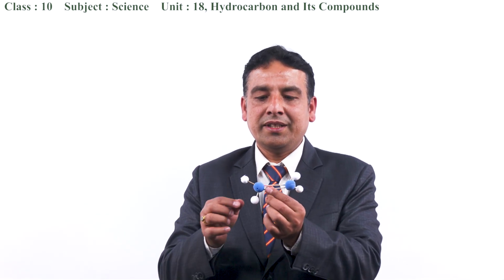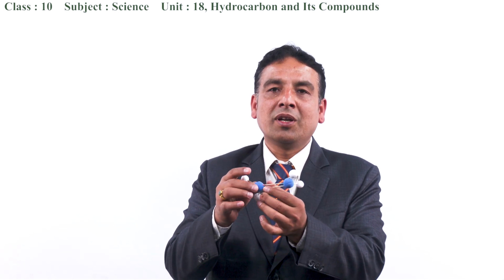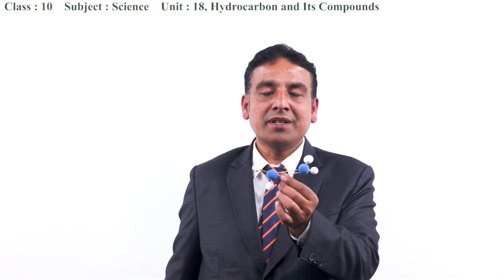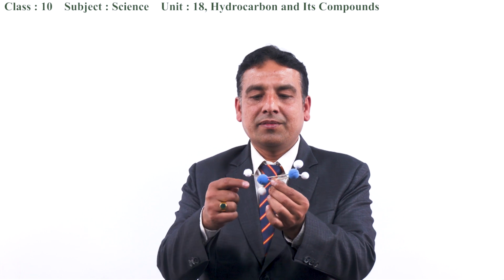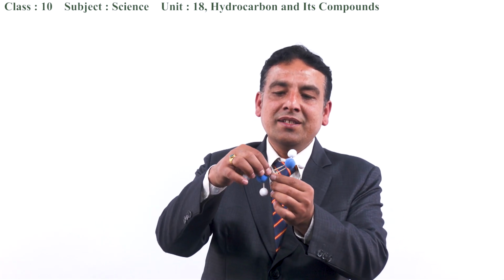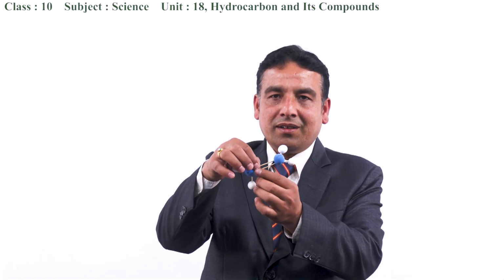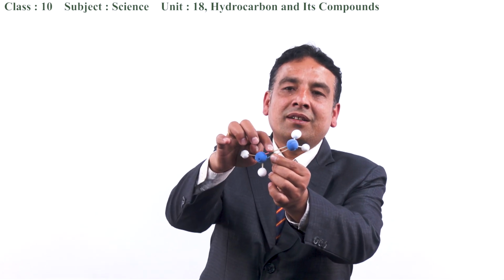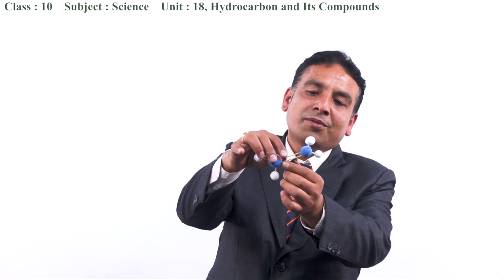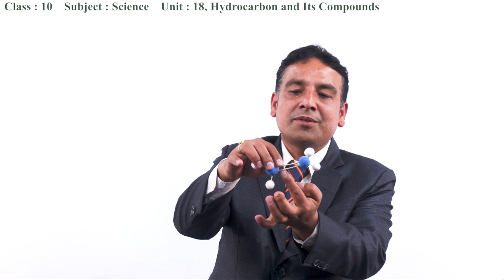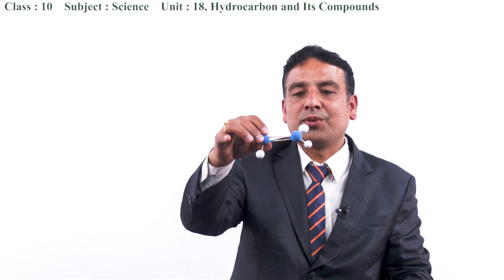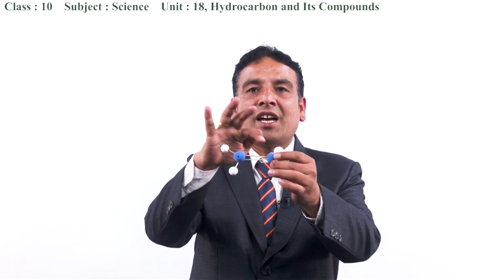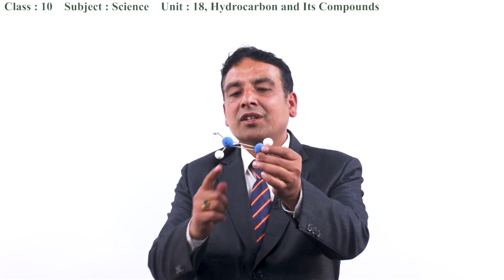The blue ball represents the carbon atom, one carbon and another. Then you can see the double bond. Is it difficult to see? One stick is seen here, and another stick is shown at the bottom. So altogether 2. That means these 2 carbon atoms have been bonded with a double bond.